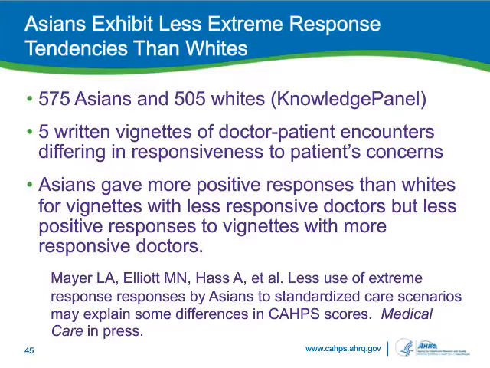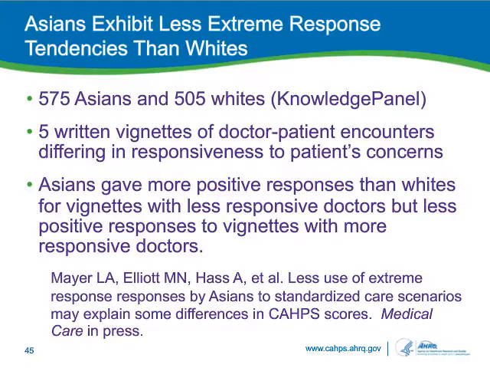So actually doctors that were not as good in terms of responding to patients' concerns. But they gave more negative responses for vignettes where the doctors were more responsive to patients' concerns. So overall, that means they were less likely to use the extreme ends of the response scale.